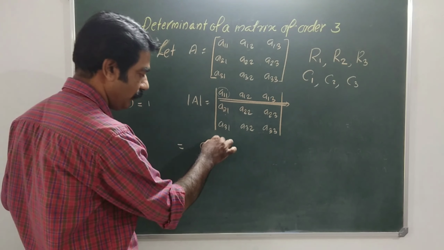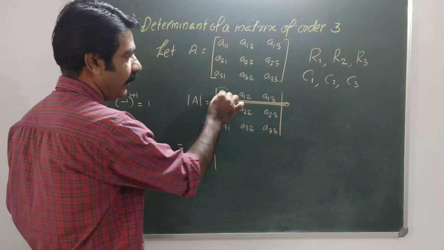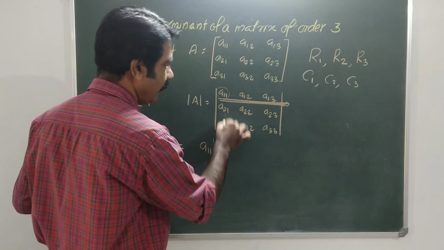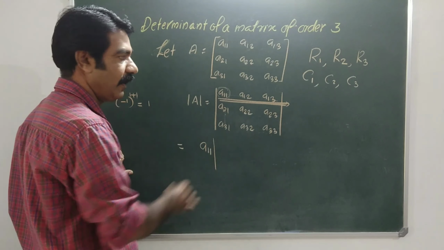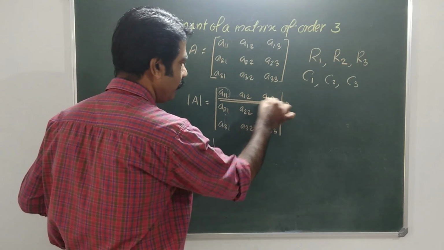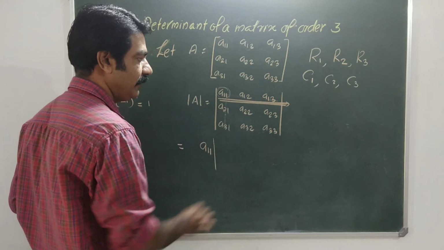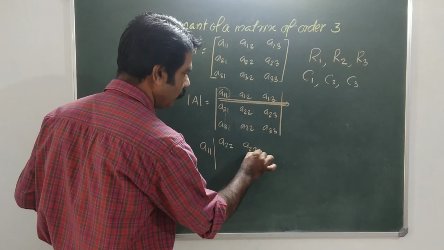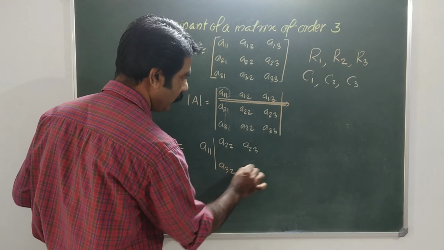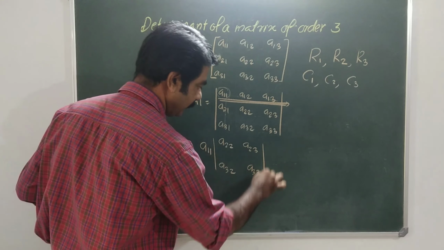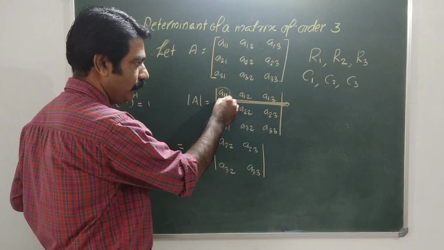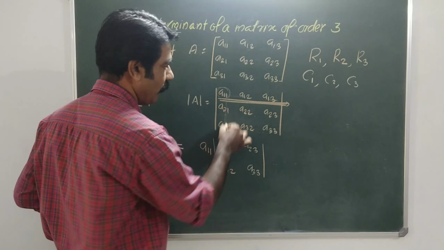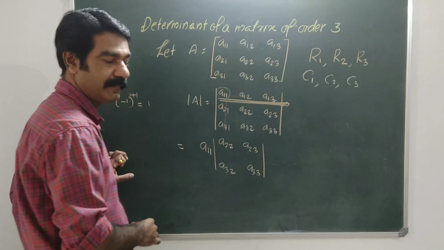So A11 into, delete the row and column that A11 involves. The remaining determinant is A22, A23, A32 and A33. So A11 into the determinant remaining after deleting that row and that column.